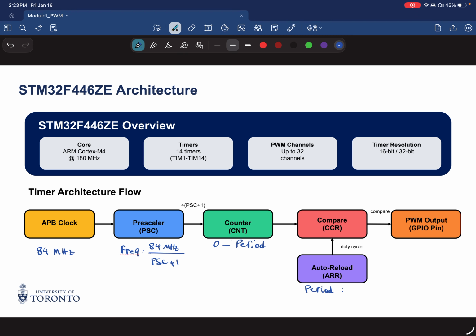It says you have to go from 0 to ARR before you reset to 0.